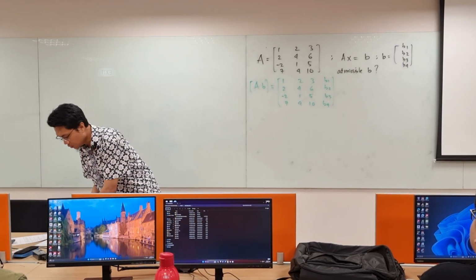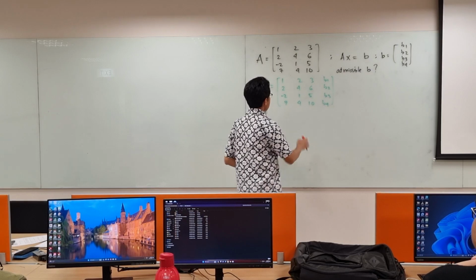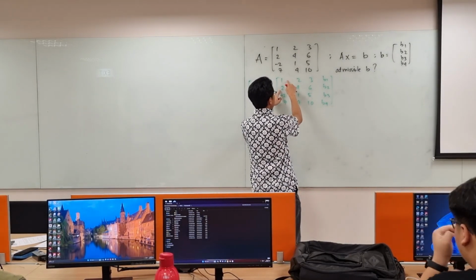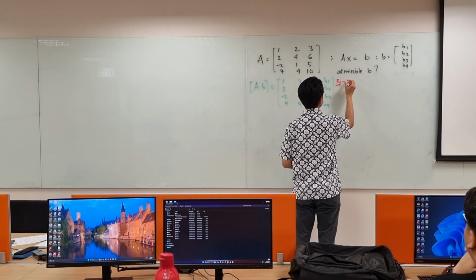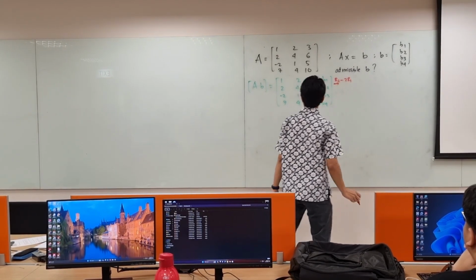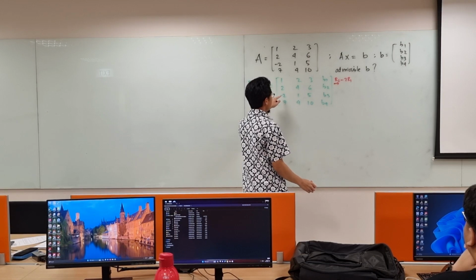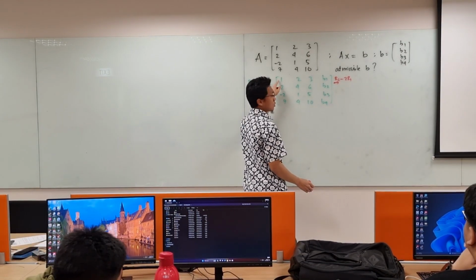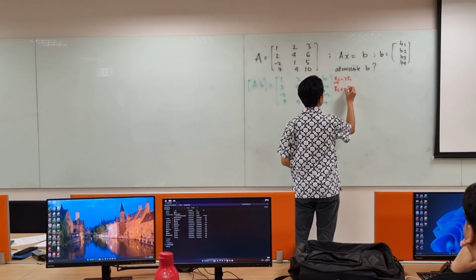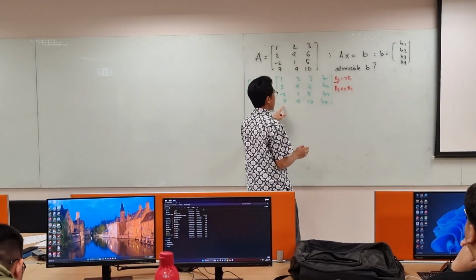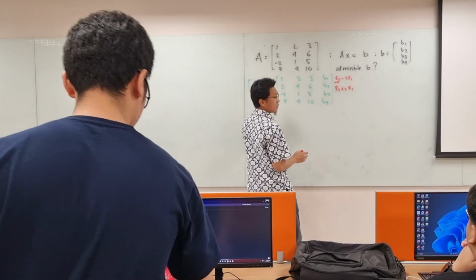The easy step is row 2 minus 2 row 1. What else? Row 3 plus 2 row 1. And then row 4 minus 7 row 1.